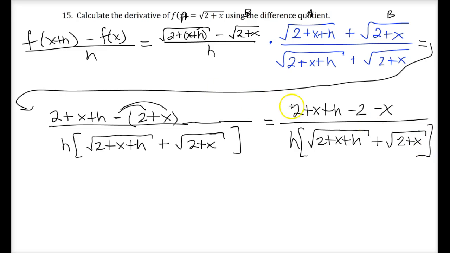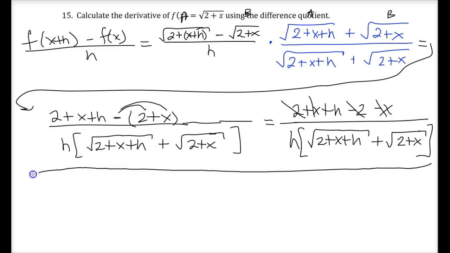Okay, so now from here, we know that 2 and minus 2 cancel, and x and minus x cancel, and we just have h left. So moving on here, we just have h divided by h, and we'll rewrite the denominator again.